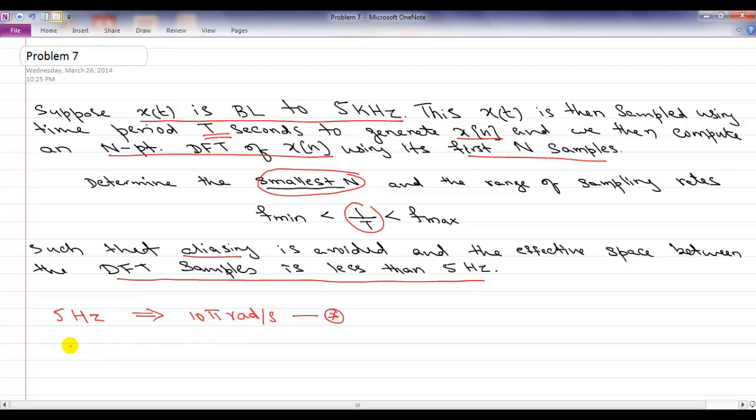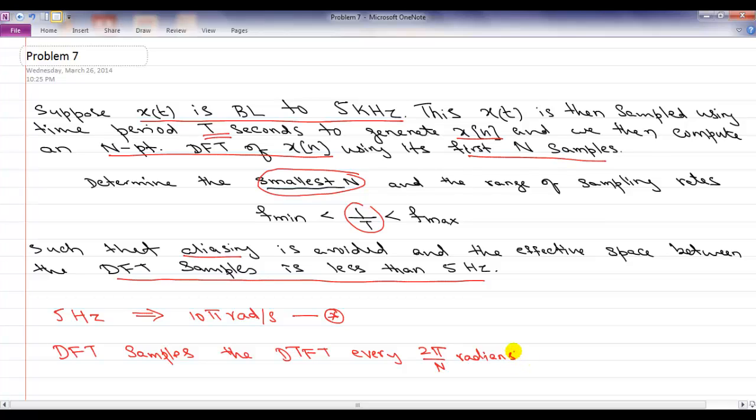So now we know that DFT samples the DTFT every 2 pi over n radians. Right?